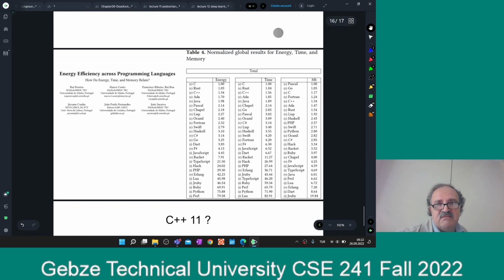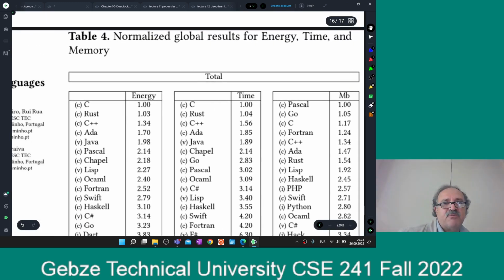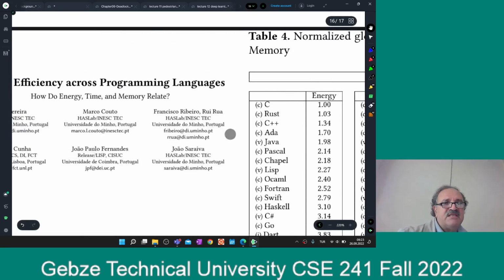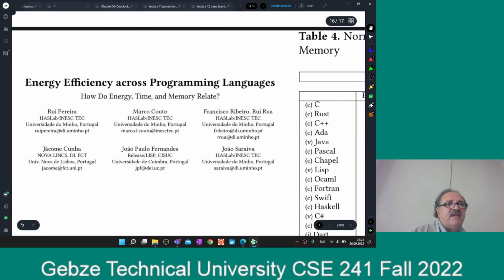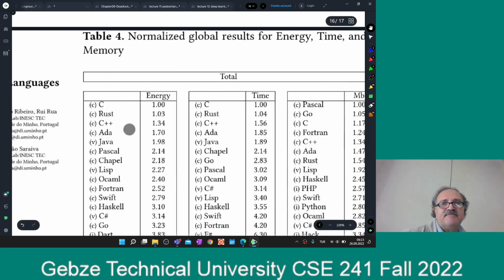The other one is, if you are an environment-conscious person, I got this from a publication, Energy Efficiency Across Programming Languages. I am not sure if this publication is very well done, but the numbers kind of make sense.